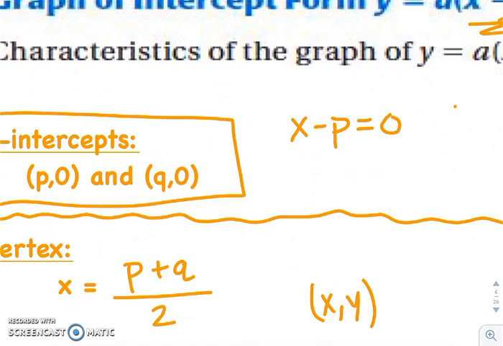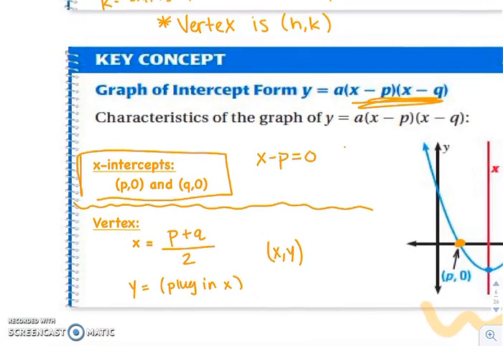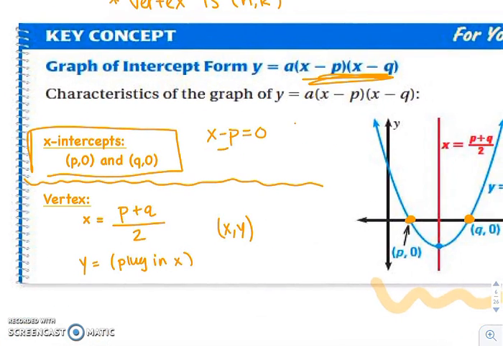So we don't know what p is, but if you set x minus p equal to 0 and solved, x would be positive p. That's that first x-intercept there on the graph. So it's always really just the opposite sign. It's in factored form is what it is.